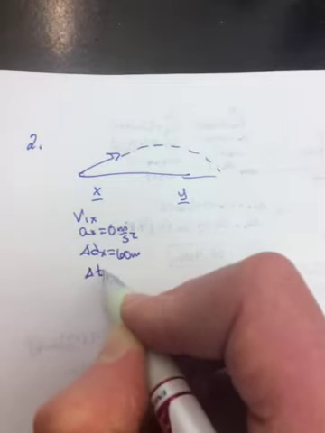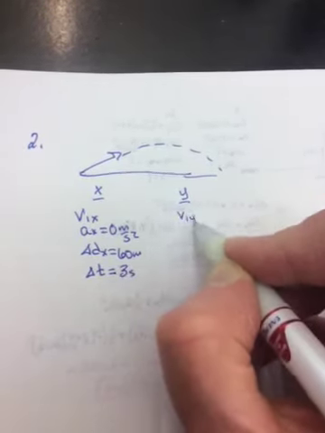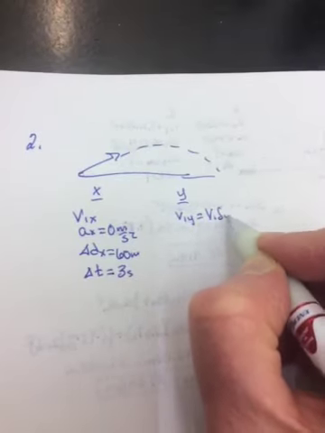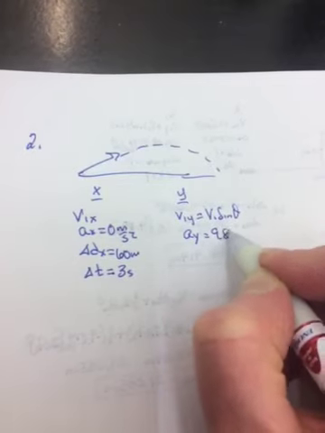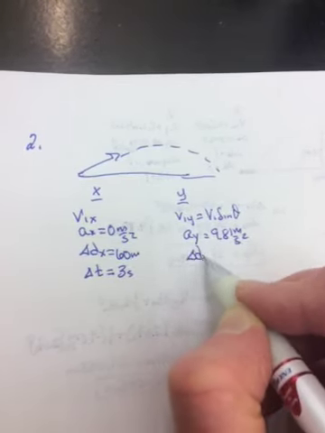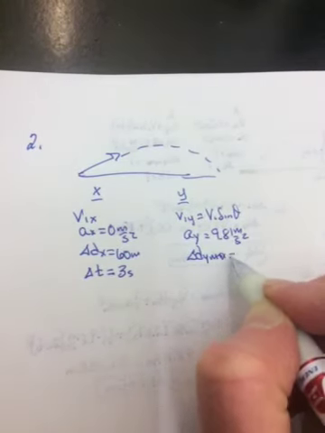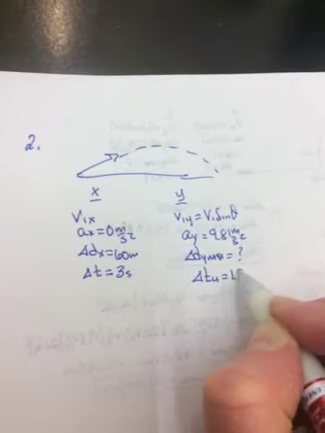And we know the time is 3 seconds. So under this guy, VIY, we know it's VI sine theta. We know AY, 9.81 meters per second squared. We don't know delta dy max, but we're asked for it, I believe. And we know the time up will be 1.5 seconds.